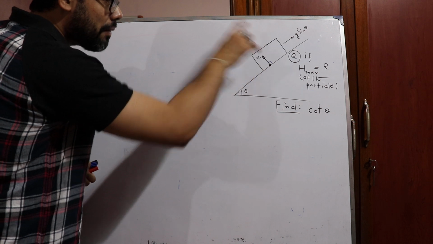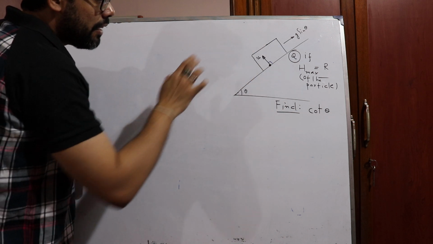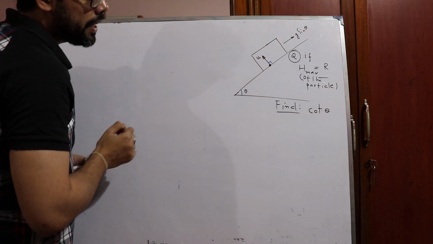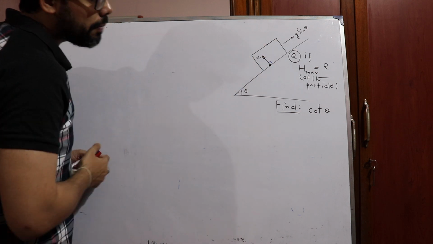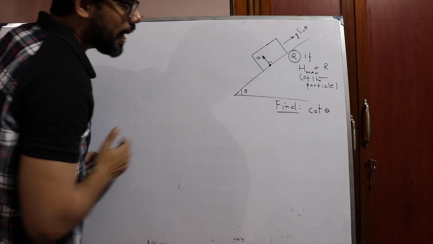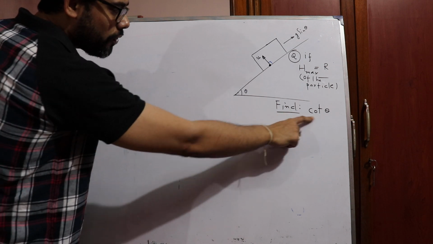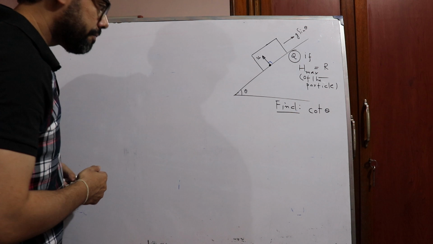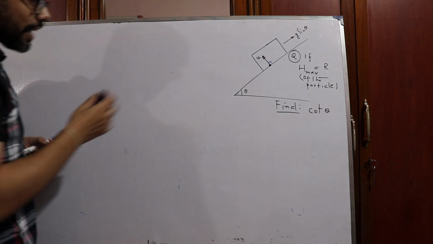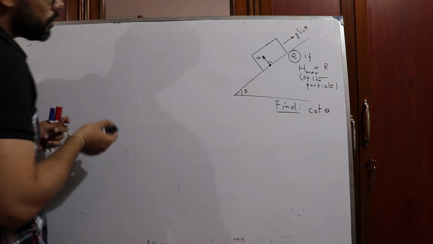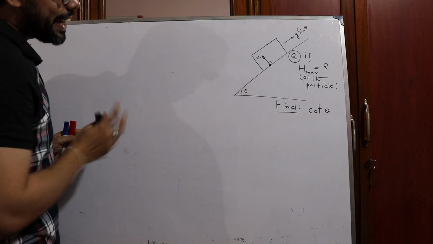Now if the maximum height reached by the particle, perpendicular to the inclined plane, and the horizontal range covered by the particle parallel to the inclined plane are equal in their values, then you need to find the value of cot theta.